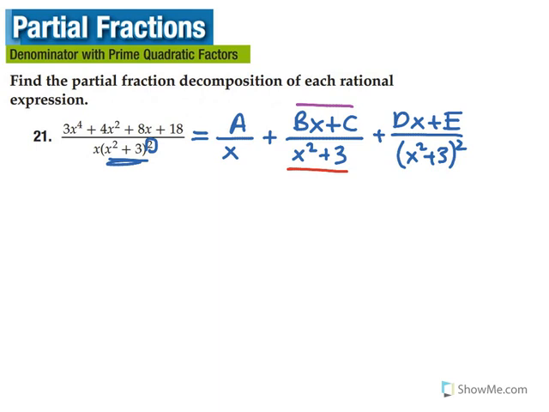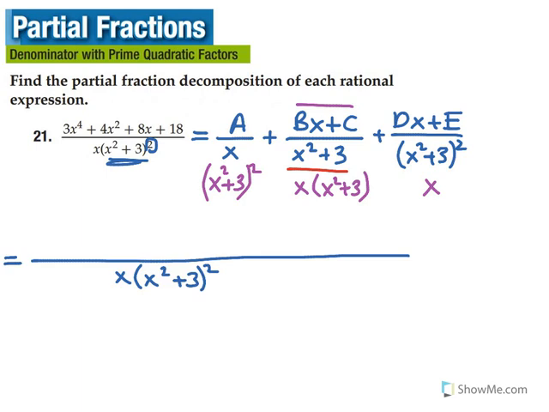So what I should do now is write the factors so that I will equate the denominators. For the first one I have to multiply this by x squared plus 3 squared. For this second one I have to multiply it by x and x squared plus 3. And the third one I have to multiply only by x, so that the denominator will be x times x squared plus 3 squared.